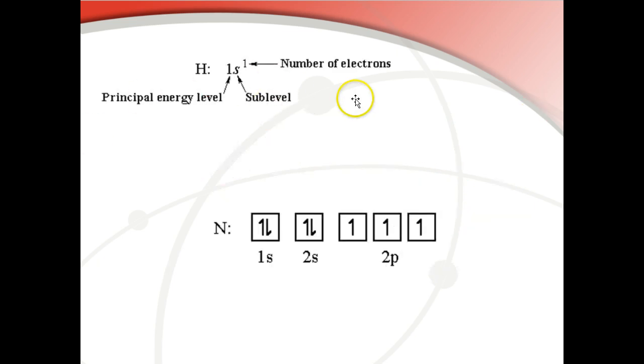There's the electron configuration and the orbital diagram. The electron configuration shows a number telling us the energy level, the subshell itself, what type of orbital or shape it is, and then the total number of electrons in that subshell. The orbital diagram is much the same.